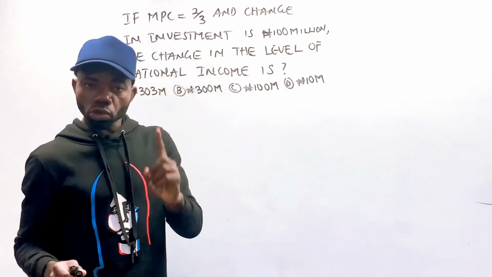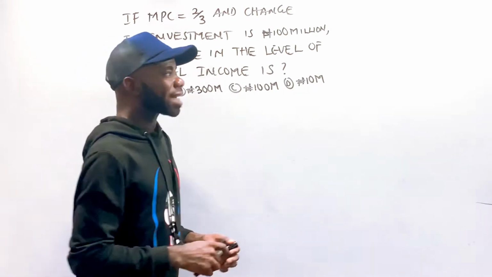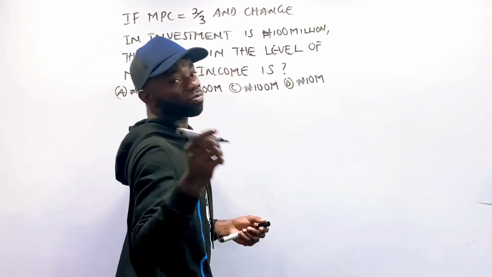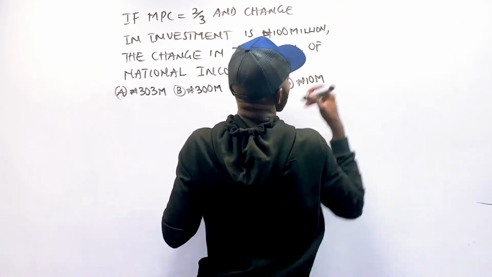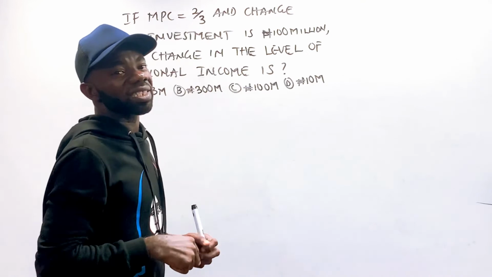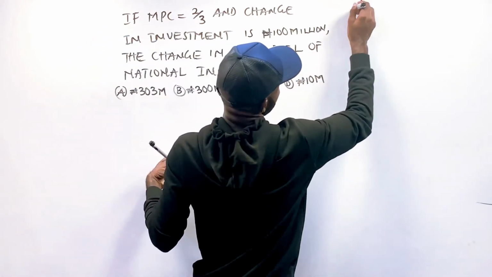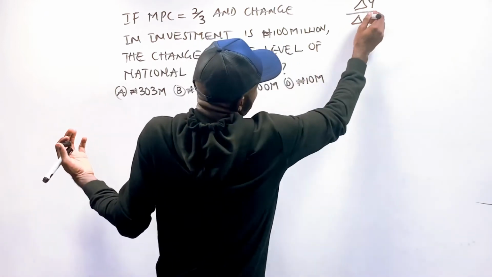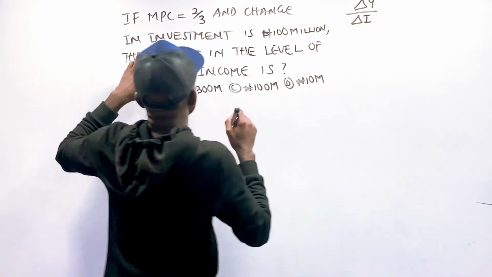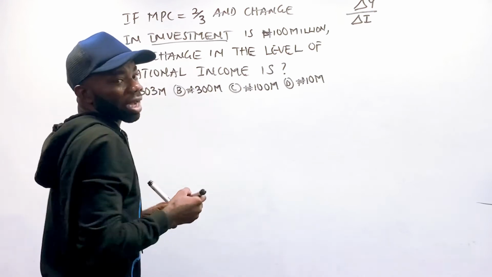But most students do not know that the definition of the multiplier makes the multiplier have a second formula, which is change in income over change in, maybe, investment, because of the case we have at hand.